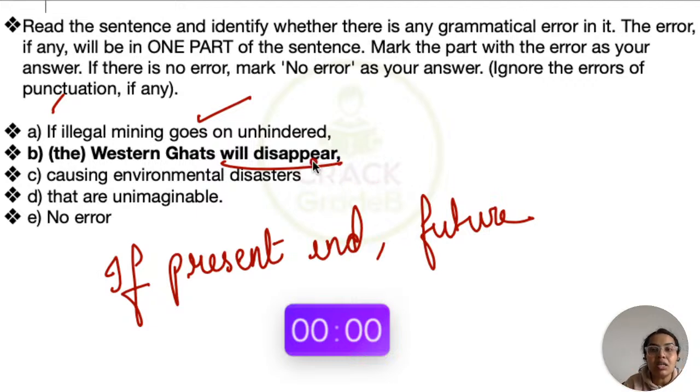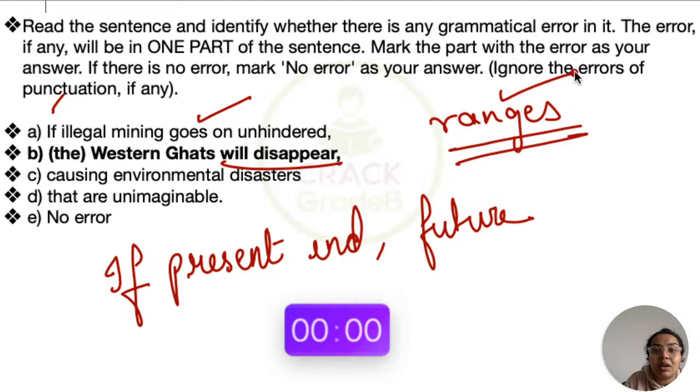There is a hard and fast rule that whenever we mention mountain ranges, not mountains alone, we have to use "the" before the names of mountain ranges. So the Western Ghats will always be written with "the", and that article was missing. So if illegal mining goes on unhindered, nobody is stopping it, the Western Ghats will disappear. How? Causing disasters, environmental disasters, plural, that are unimaginable.